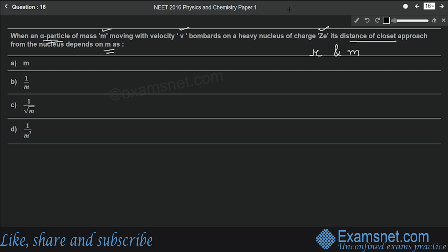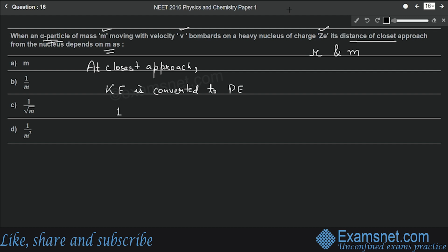Okay, now what happens at closest approach? At closest approach, kinetic energy completely gets converted into potential energy. Okay, so kinetic energy is converted to potential energy.